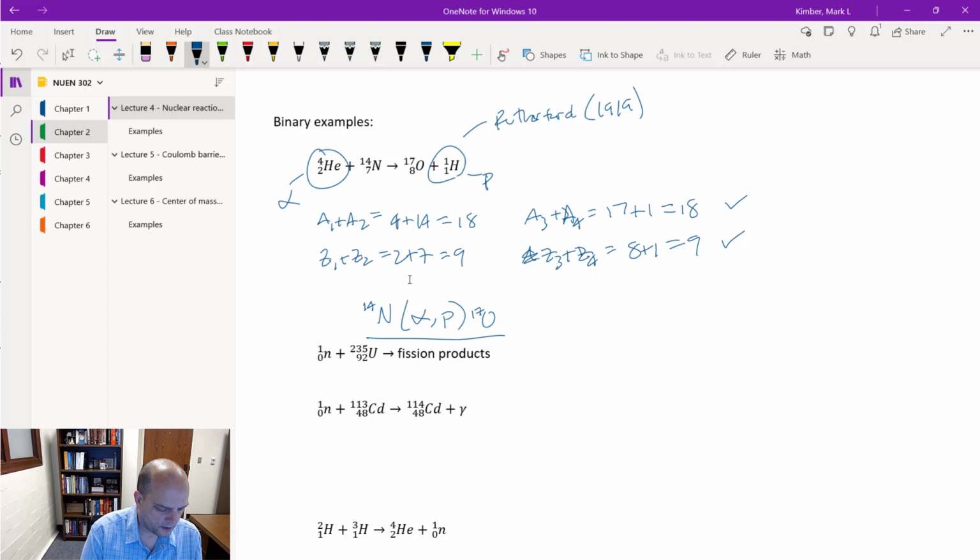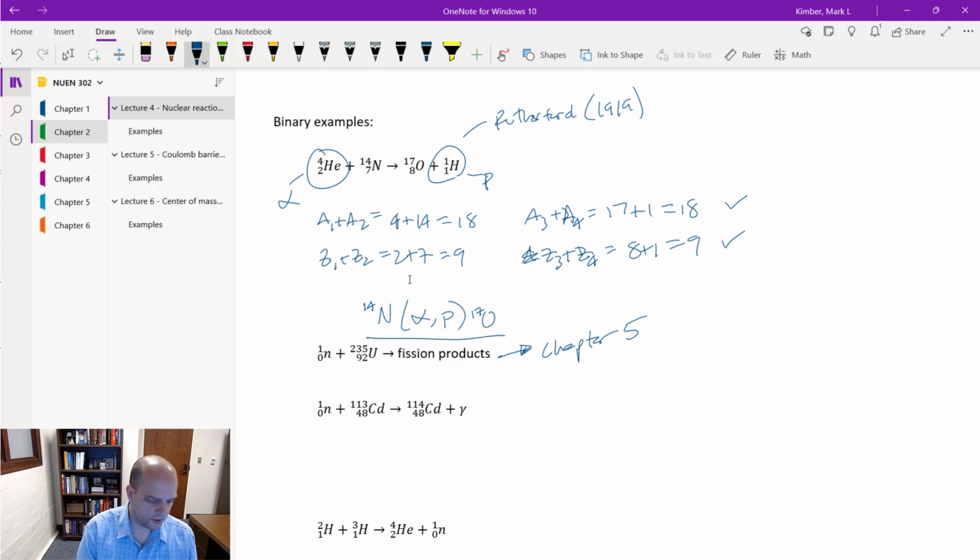Another example of binary reactions is here. I've got one neutron interacting with uranium-235, and we know from experience that has a high tendency to undergo fission. This is the primary focus of Chapter 5, Unit 5 in this course.